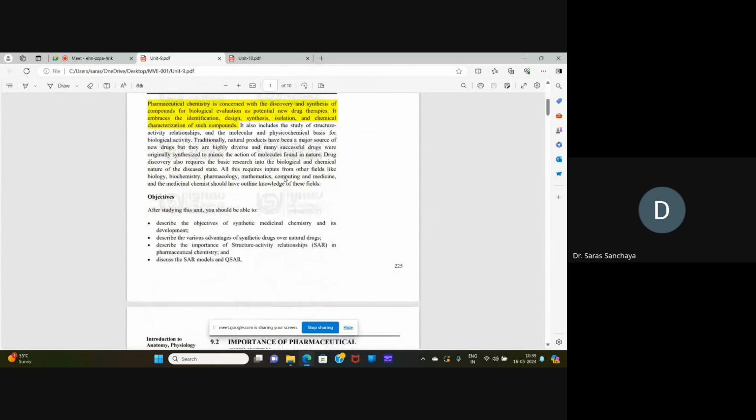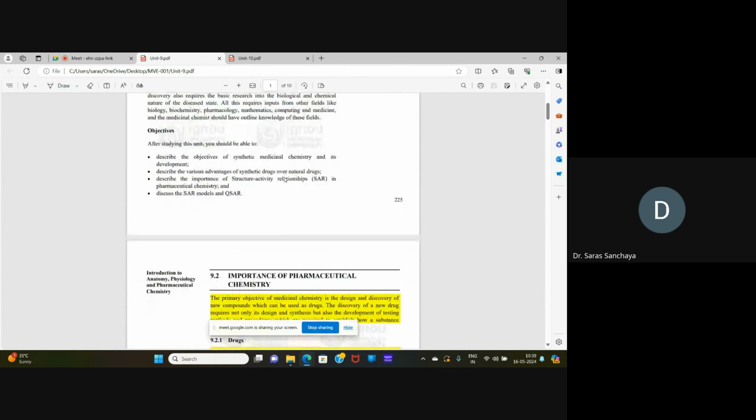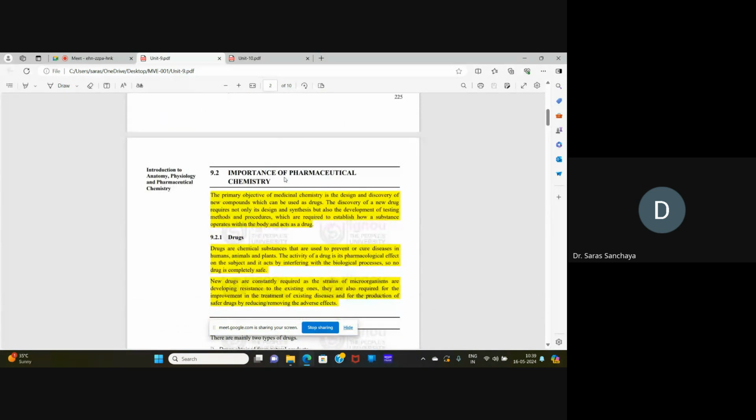Objectives of this unit are to describe the objectives of synthetic medicinal chemistry and its development, describe the various advantages of synthetic drugs over natural drugs, describe the importance of structure activity relationships in pharmaceutical chemistry, and discuss structure activity relationships and QSAR.